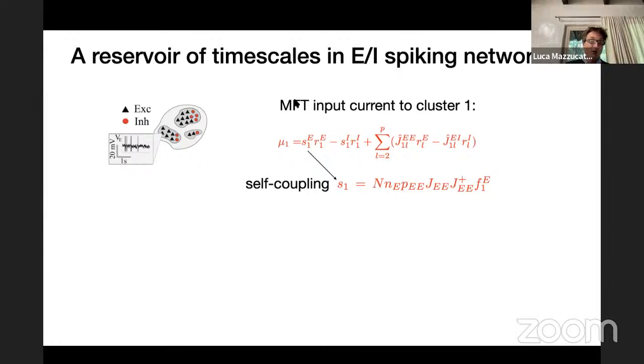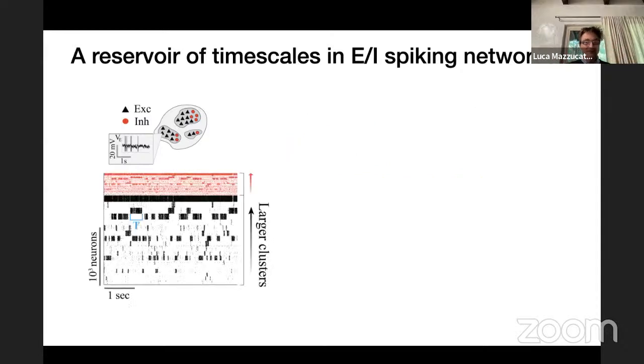We show that this captures the dynamics of spiky networks of excitatory inhibitory neurons arranged in clusters, where if you do the mean field, you find that a self-coupling arises from the recurrent interaction of neurons within the same cluster.